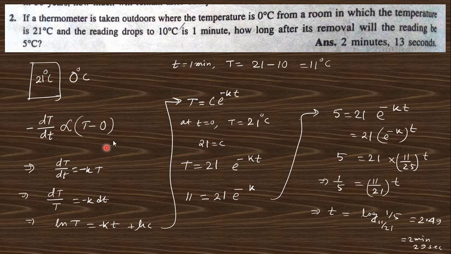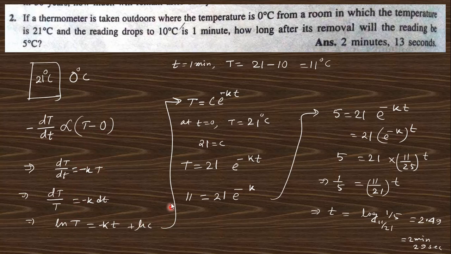So this is Newton's law of cooling actually. dT by dt, where capital T is temperature and small t is time. The rate of cooling is proportional to the temperature difference between the body and its surroundings. So this will be like that.